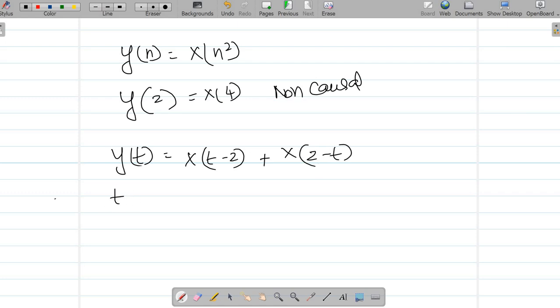Now if you substitute 1, that is y of 1 is equal to x of minus 1 plus x of 1.